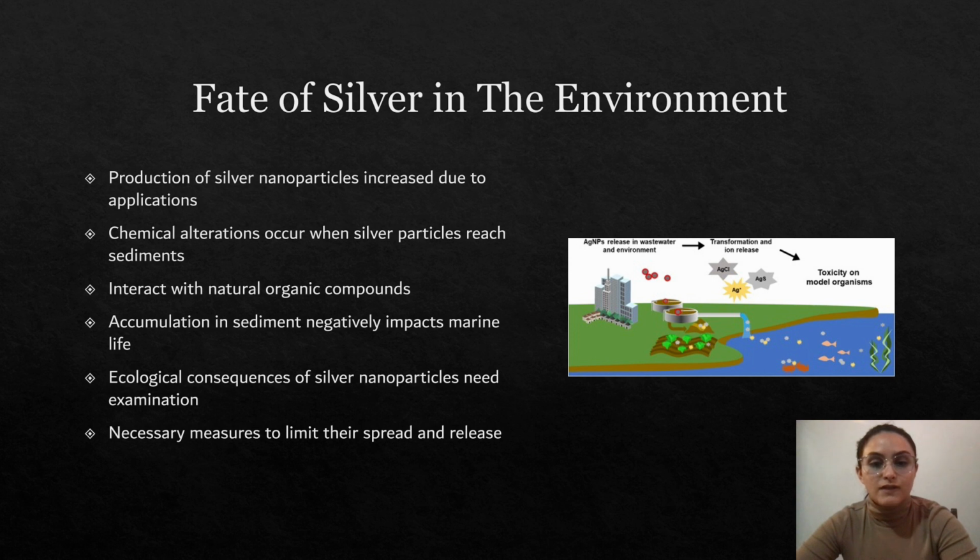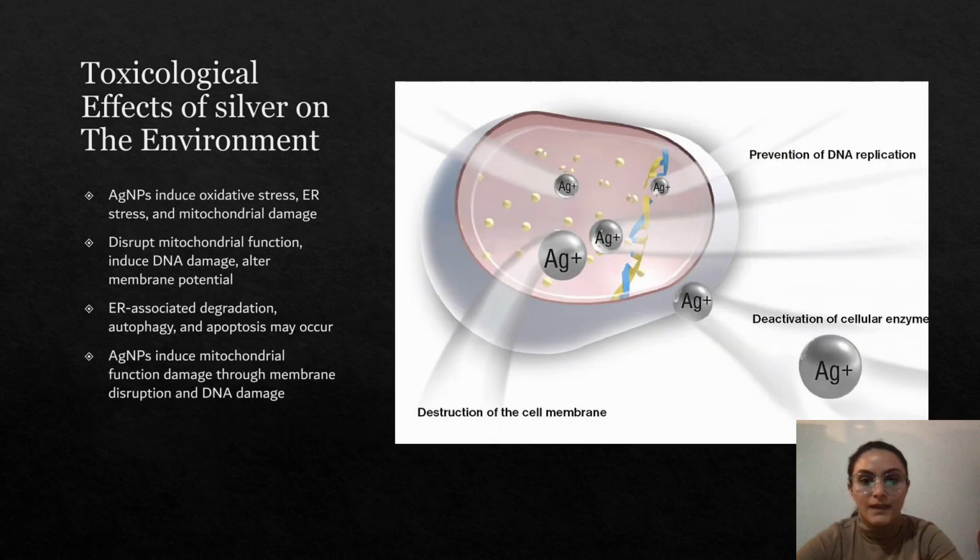This accumulation of nanoparticles in sediment can have negative consequences on marine life. Therefore, it's crucial to examine the ecological consequences of silver nanoparticles and take necessary measures to limit their spread and release into the ecosystem. Silver nanoparticles can have toxicological effects on both the environment and human health.